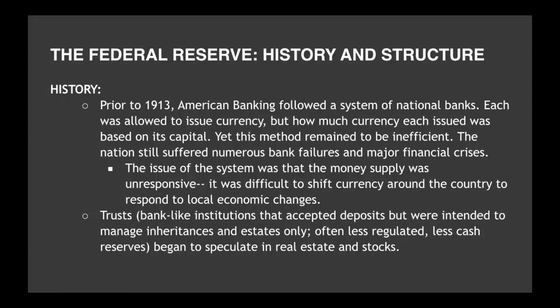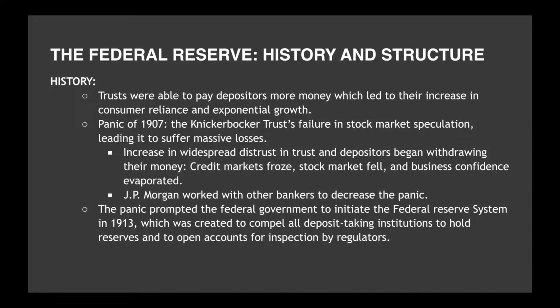But during this time, trusts, which were bank-like institutions that accepted deposits but were intended to manage inheritances and estates only, began to speculate in real estate and stocks. After this, trusts were able to pay depositors more money, which led to an increase in consumer reliance and exponential growth.